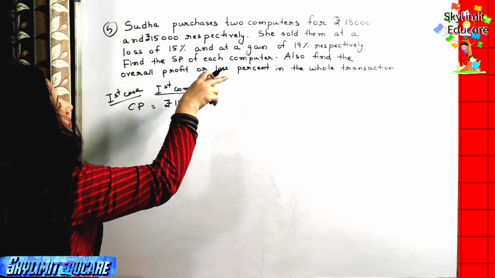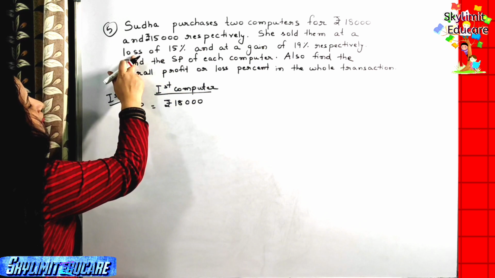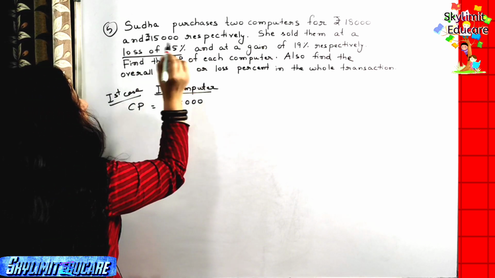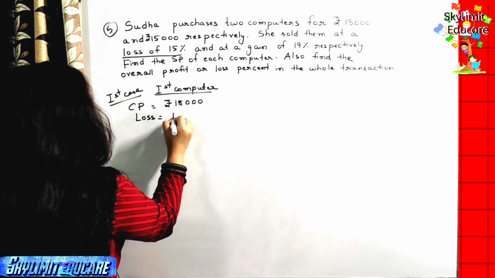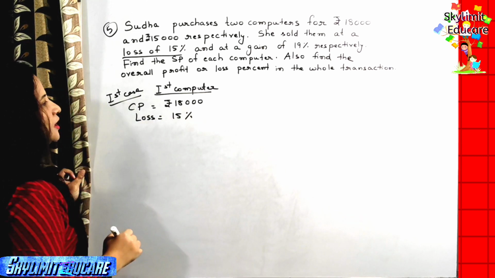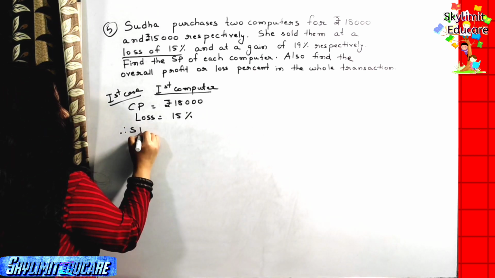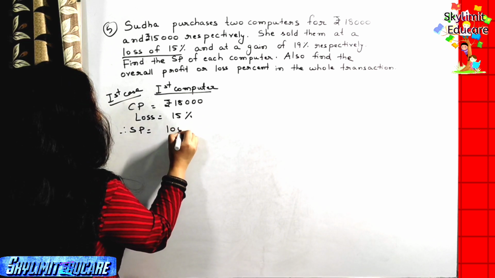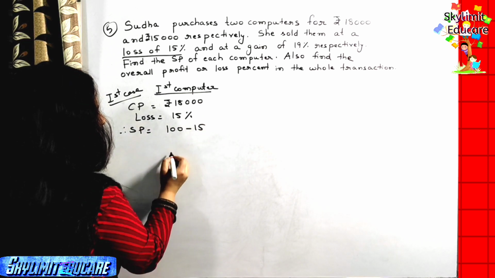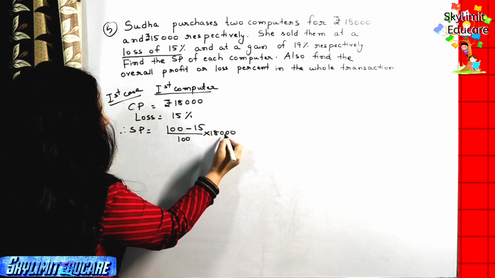And on the first computer, as you can see here, after selling she gets a loss of 15%. So loss is 15%. So now easily we can find out the selling price. Therefore SP, since it's loss, 100 minus 15 by 100 multiplied to 18,000, right?